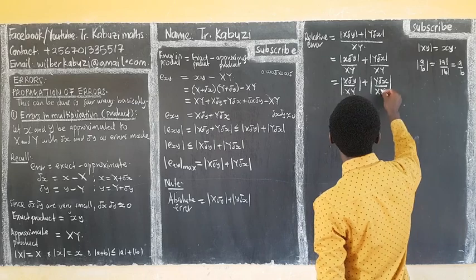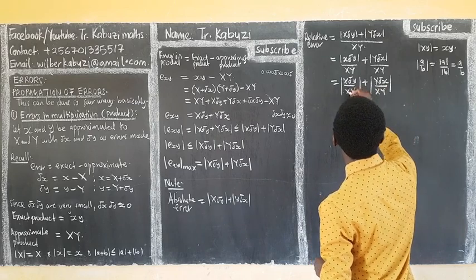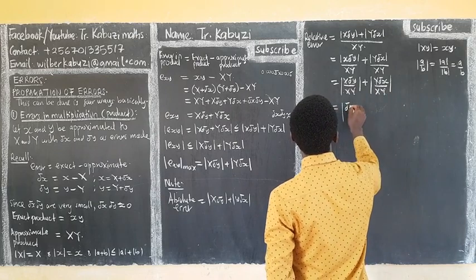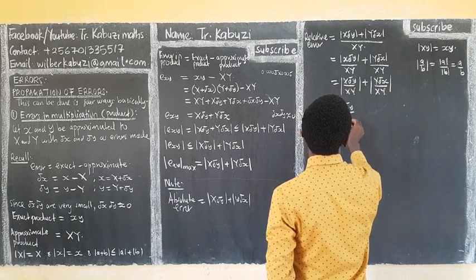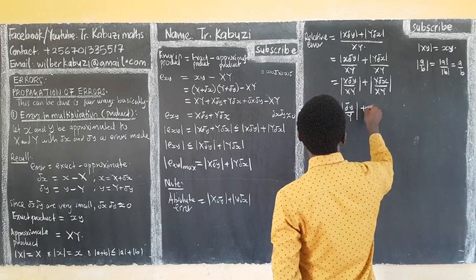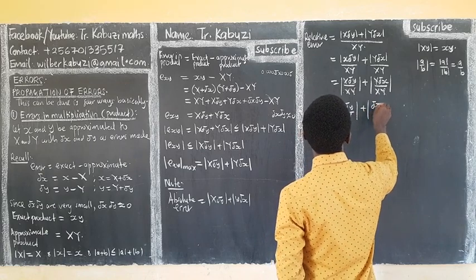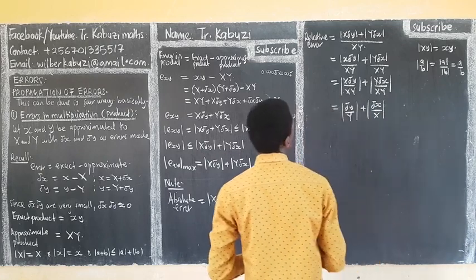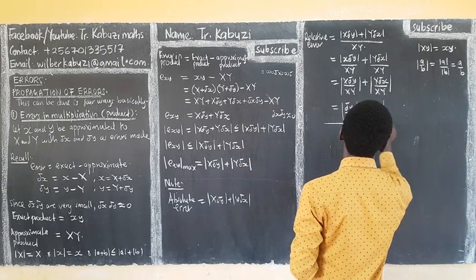And you see that this one vanishes, this one is also vanishing, which will give us now delta y over y plus delta x over x. As simple. So that's going to be our relative error.